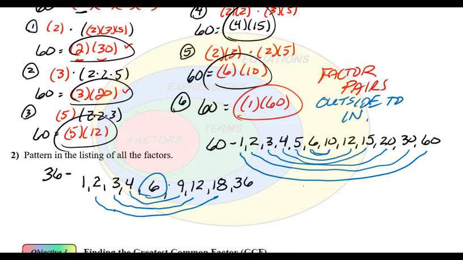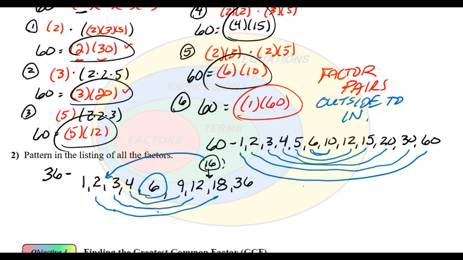What's nice about the listing technique is that, say for instance, is 16 a factor of 36? You could just look at your list and know that if 16 was a factor, then its factor pair would have to be somewhere between 2 and 3.